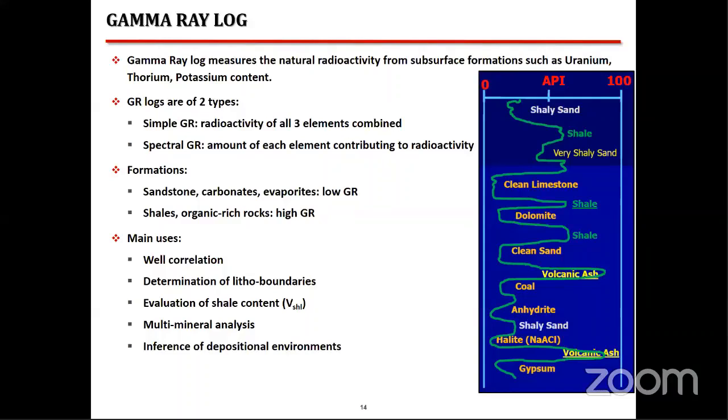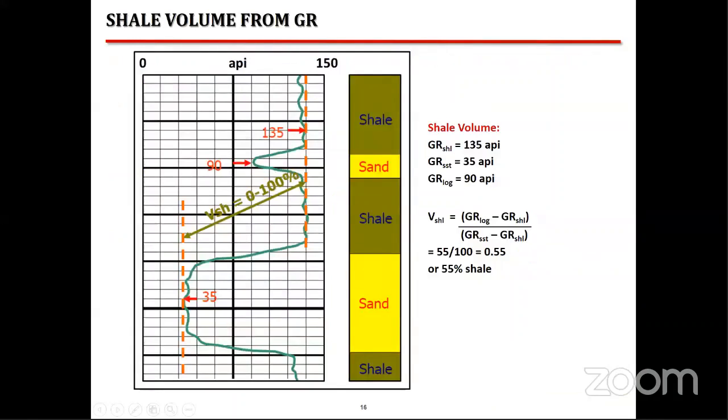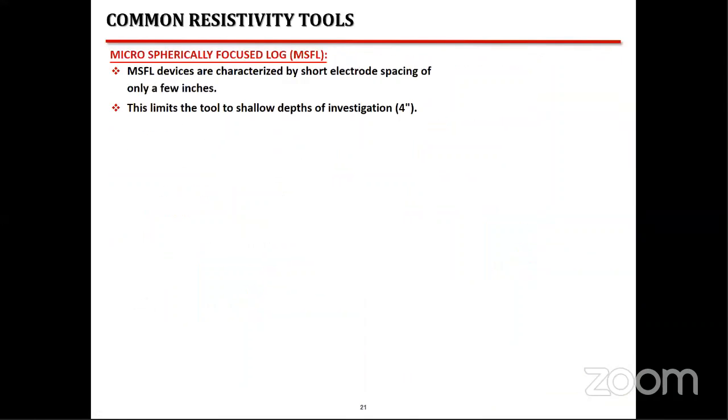What does negative neutron porosity indicate? Negative neutron porosity is indicative of very low porosity in the formation. Let me come to the neutron log and I will explain it to you.